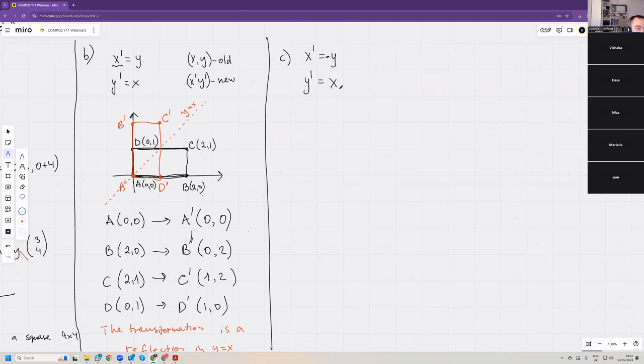Let's do the same. The same square, and do this transformation.